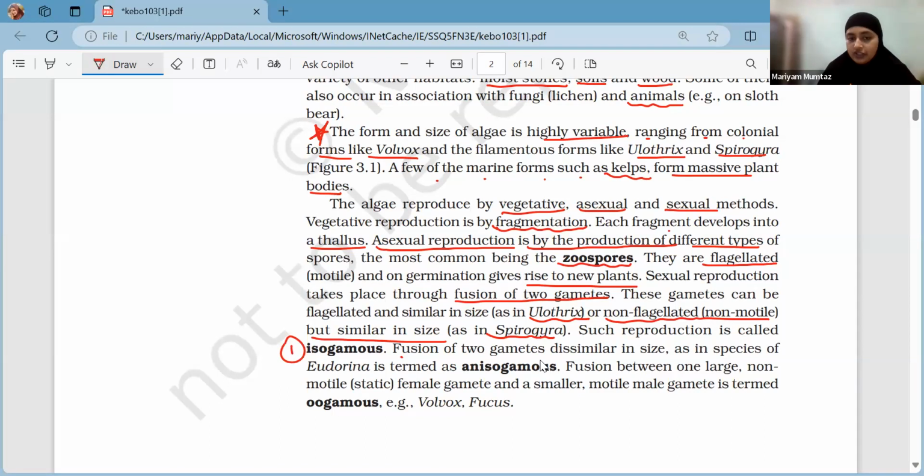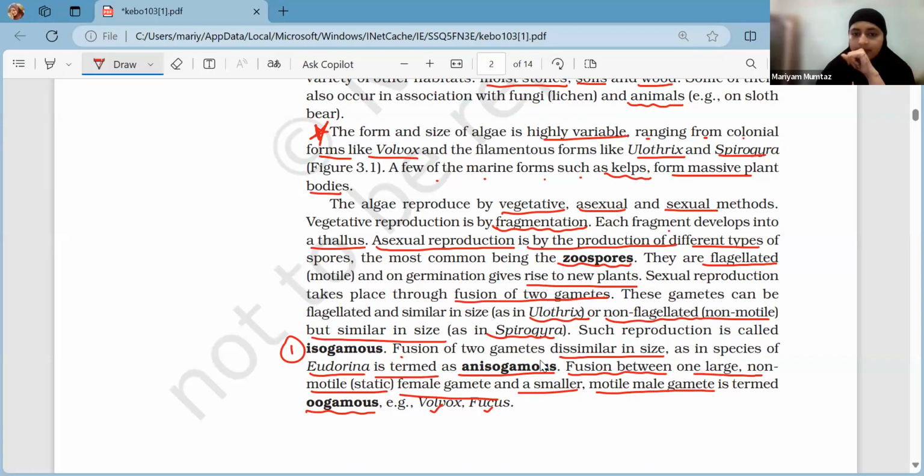Then fusion of two gametes dissimilar in size, as in the species of Eudorina, is termed anisogamous. Now they are not similar, so they are anisogamous. Then when the fusion is between one large non-motile female gamete and a smaller motile male gamete, it is termed oogamous, and that takes place in Volvox and Fucus.